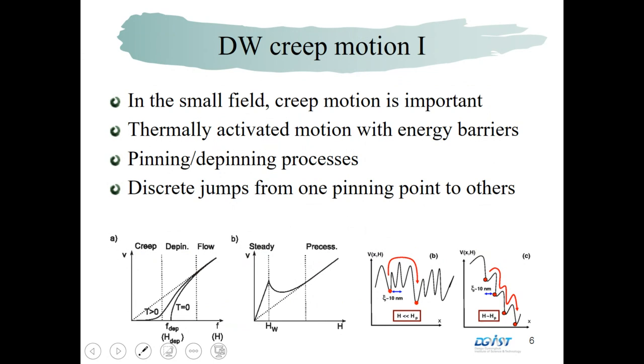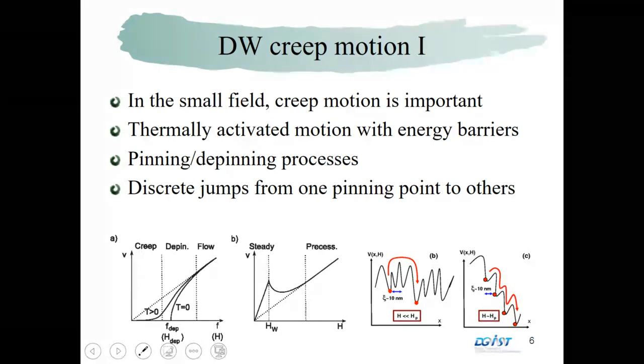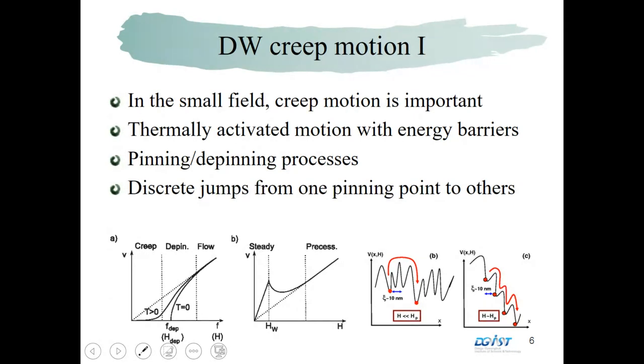So if we can move the domain wall with a very low current, then Joule heating is not a problem. But if we are using a very large current, then the Joule heating is very important. So actually, most of the research about this domain motion by the current is focused on how we can make the domain motion with a small current. That's one of the key research topics.